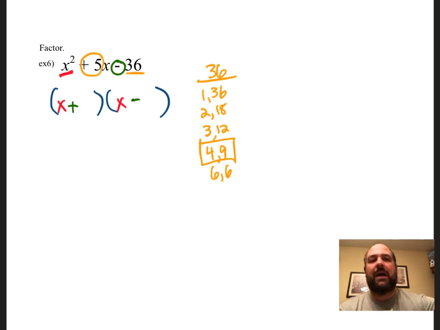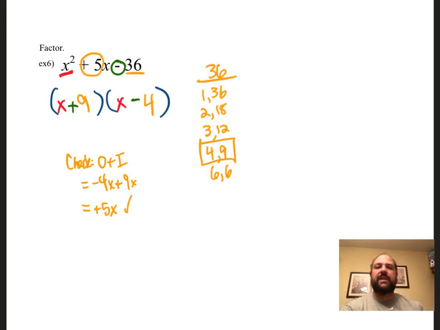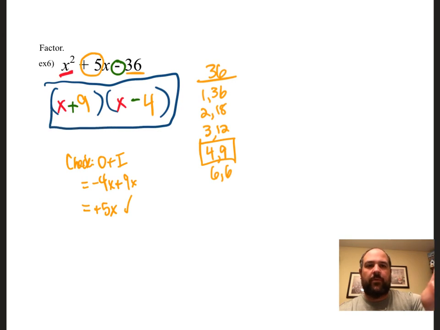If I use a positive 9 and a negative 4, you know that when you do your check, the outside plus the inside becomes negative 4x plus 9x, which is indeed positive 5x. So there's our final answer, x plus 9 times x minus 4.